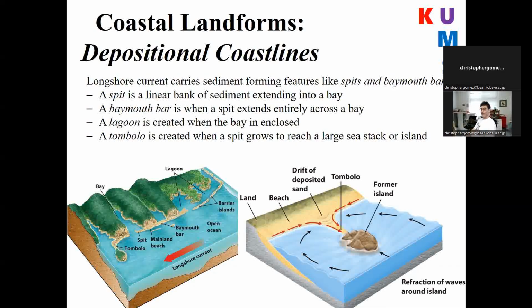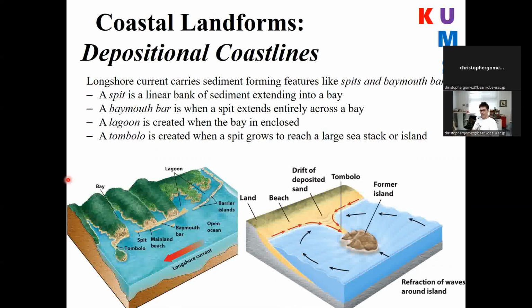A bay mouth bar is when a spit extends entirely across the bay. A lagoon is created when the bay is enclosed. And finally, a tombolo is created when the spit grows to reach a large sea stack or island.